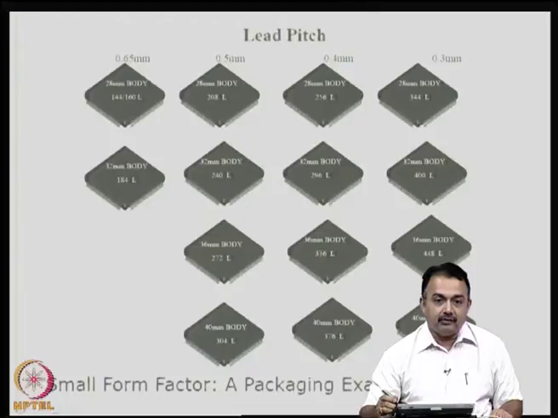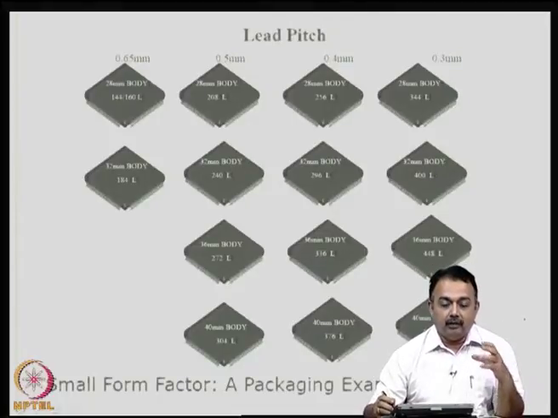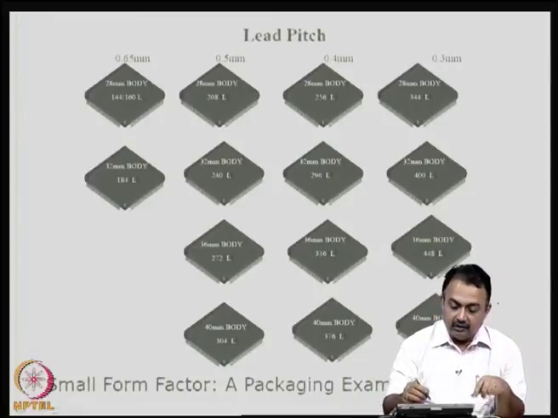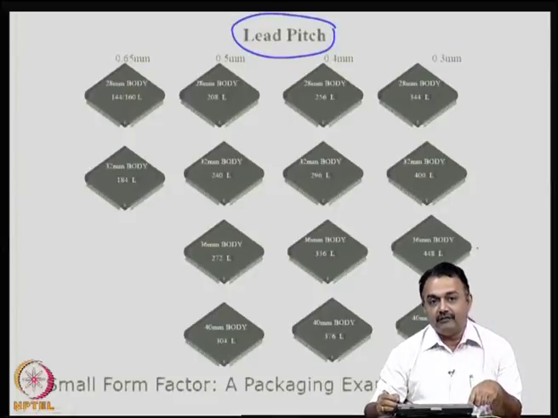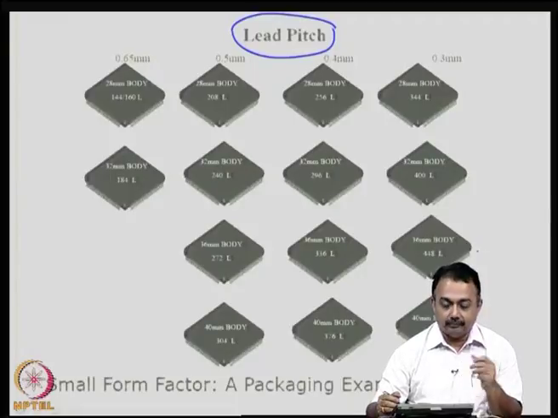Another example I would like to give you to impress upon you the packaging evolution and sizes, and you should always get a feel about lead pitch. Once you get a feel about the sizes and lead pitch, you will be able to appreciate the technologies used at the board level.